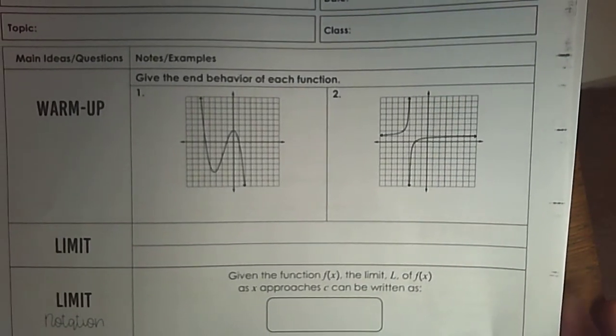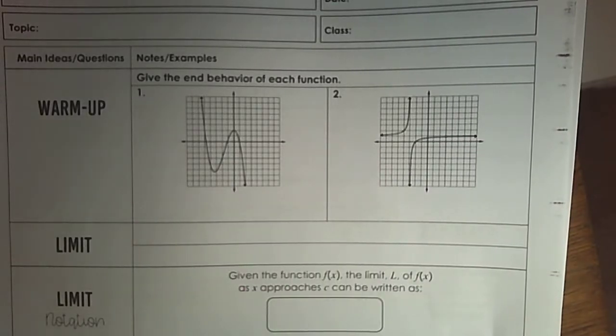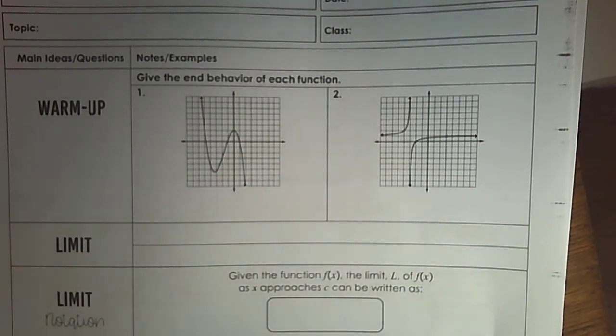Okay, so here is a graph, and together we're going to understand the end behavior of this, but instead of writing down the right end or the left end, we're going to write it in terms of what's called a limit.